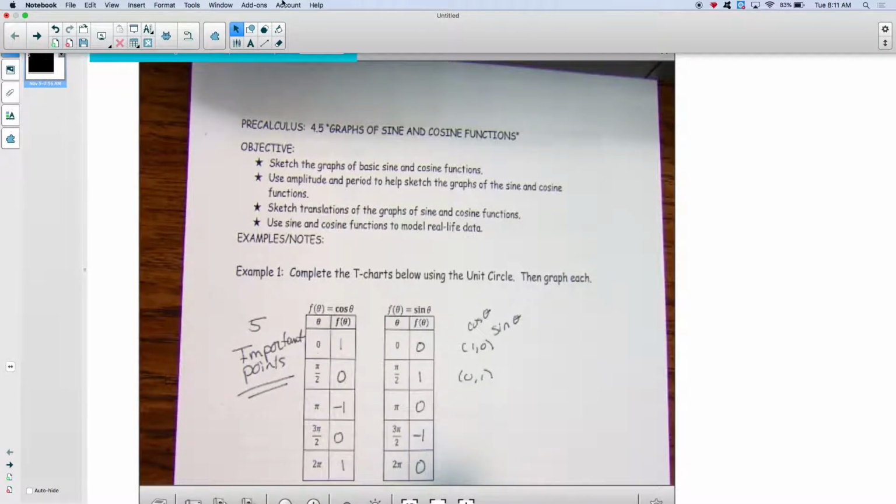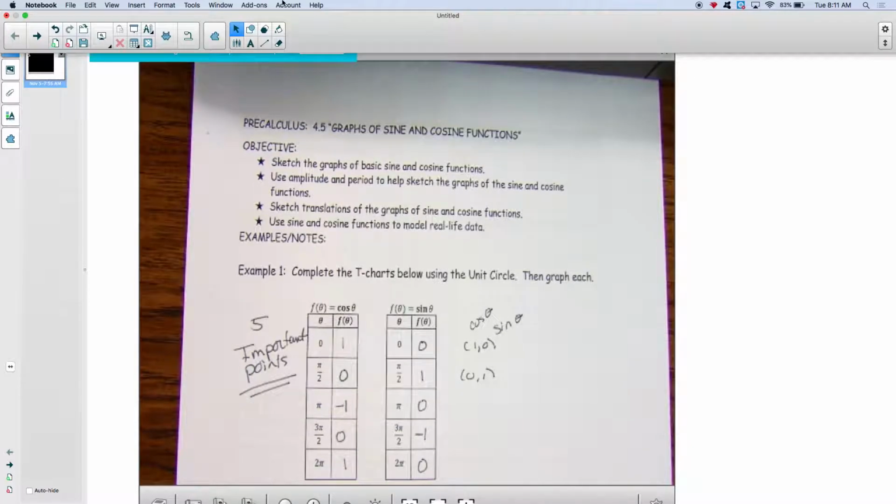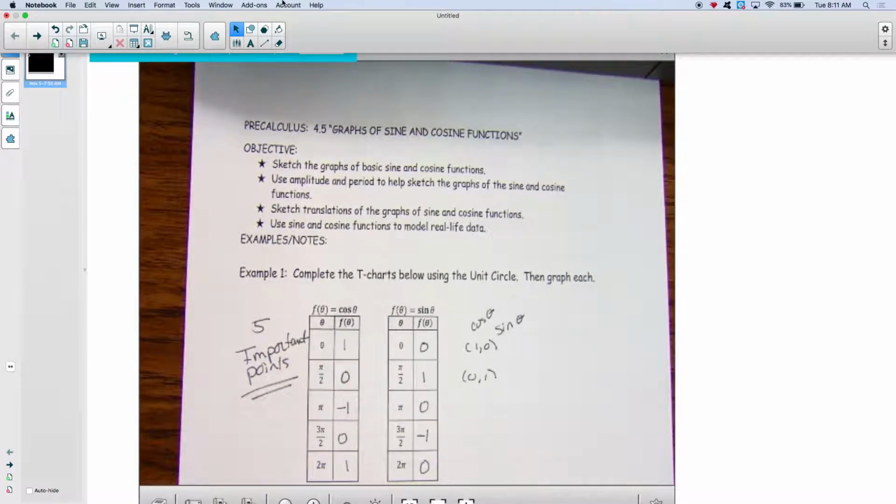You can see there are 4 parts of this. The absolute value of a, that's the amplitude. What do we mean by amplitude? How tall it goes. 2 pi over b is the period. What do I mean by period?